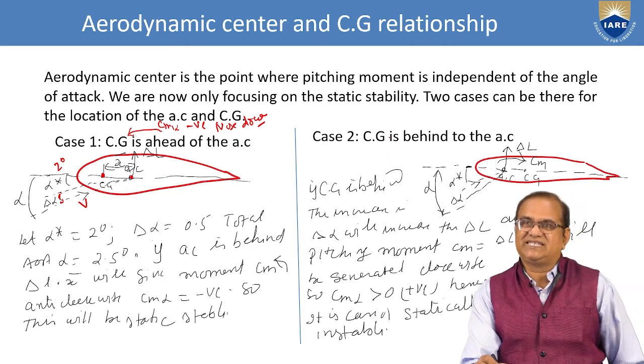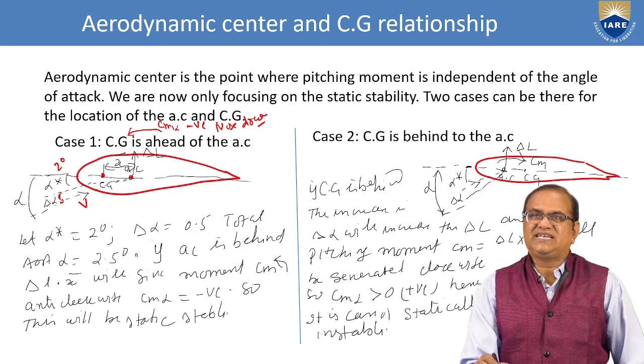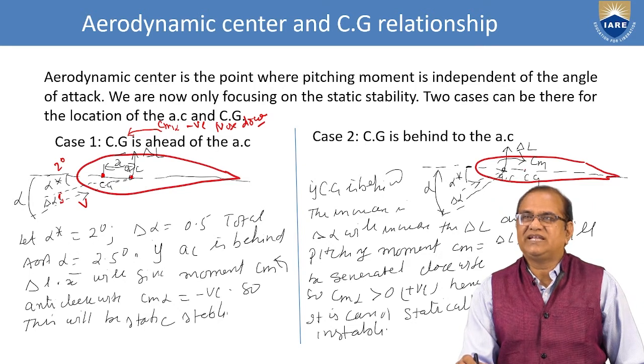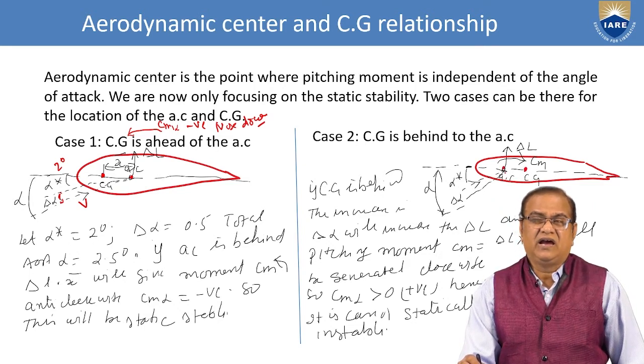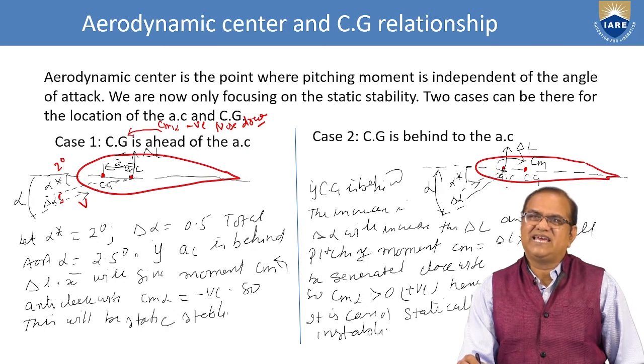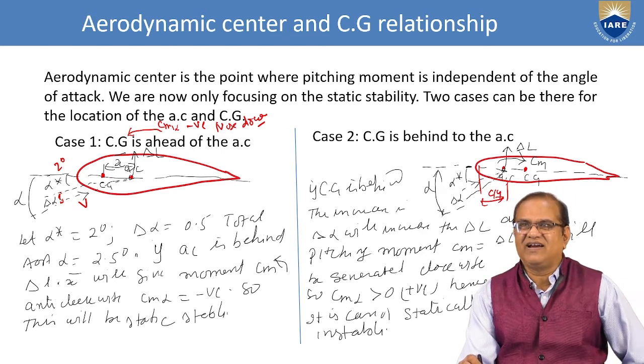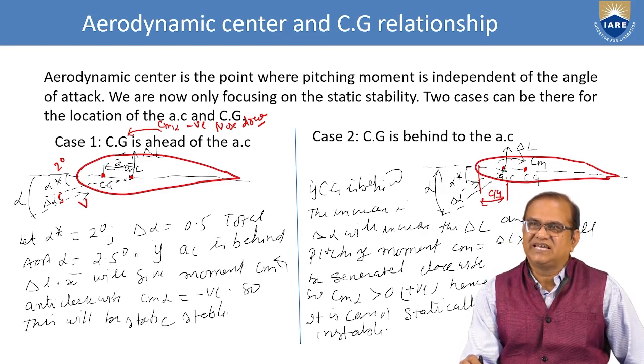If you see the next case, the CG is behind the AC. This is the CG and this is the AC, and for a symmetrical airfoil, this AC will always be at C by 4. At this condition also, lift is generated, and this lift will turn the aircraft in this direction.